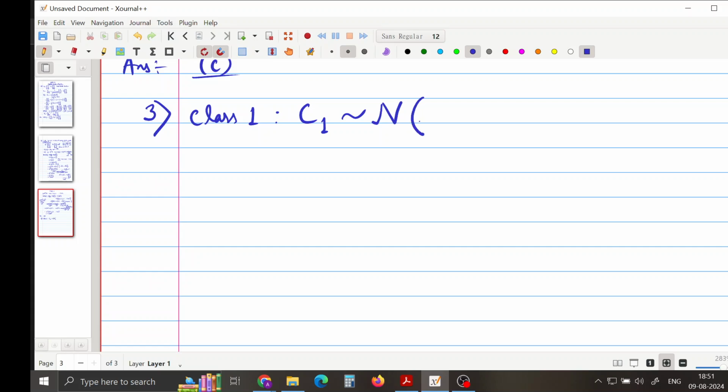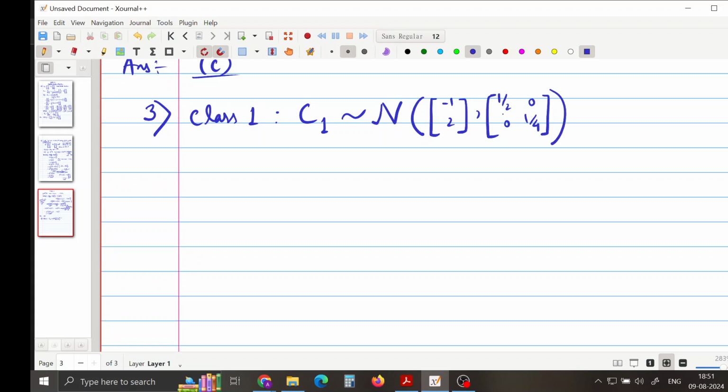This is basically a vector, multivariate Gaussian. So the mean vector is minus 1, 2, and the covariance matrix is half, 0, 0, 1 by 4.